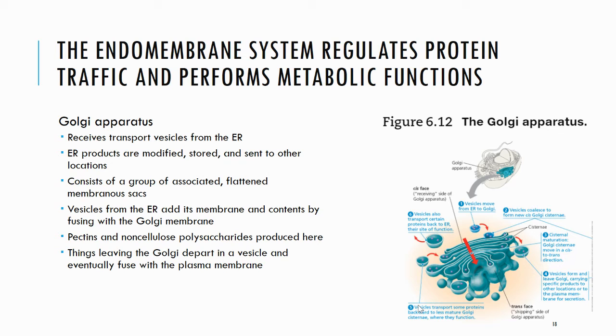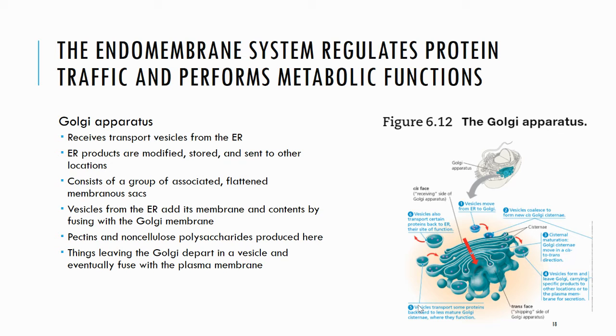Next is the Golgi apparatus, which you can see a lovely diagram of here to the right, receives transport vesicles from the endoplasmic reticulum. So these ER products are modified, stored, and sent to other locations. It consists of a group of associated flattened membranous sacs. Vesicles from the ER add their membrane and contents by fusing with the Golgi membrane.